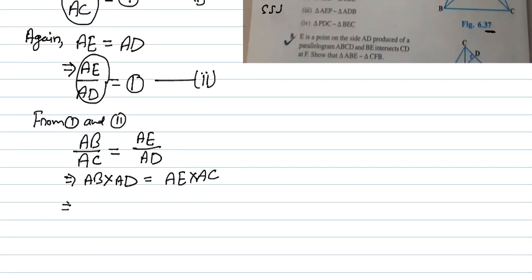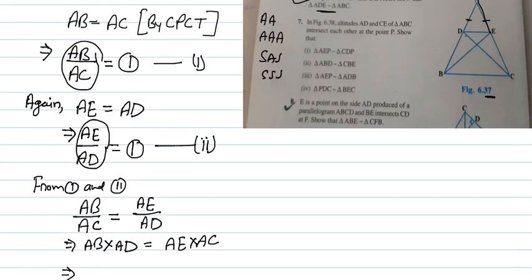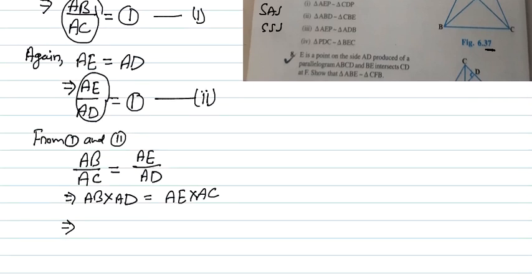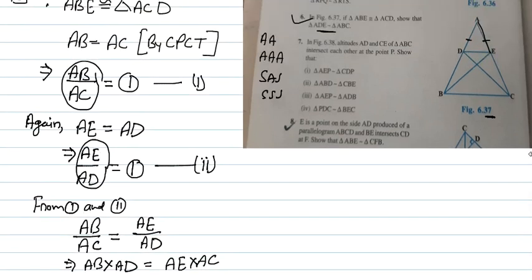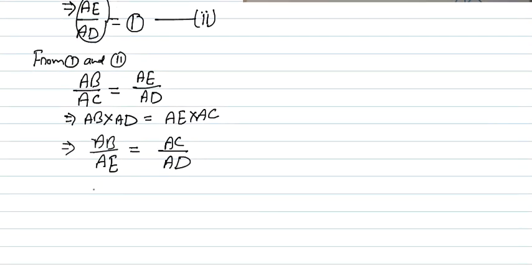Now I'm just trying to find AB upon AD like this. So right now AB upon AE, when this comes to the left side, AB upon AE is equal to AC upon AD. Now you can also interchange.